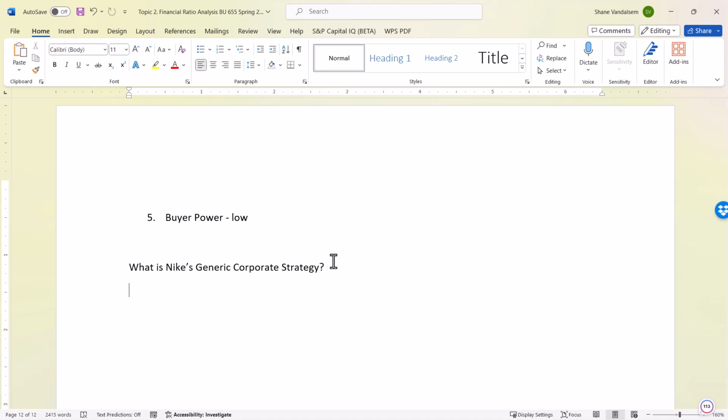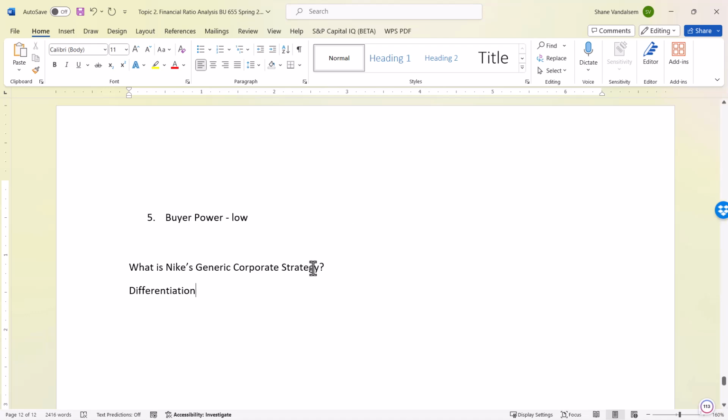So generally we call this differentiation. They're not out there trying to compete on price to say, well, we're cheaper than Adidas, we're cheaper than Reebok, but what they're trying to do is show that they're a better shoe or a better apparel brand than those other companies.